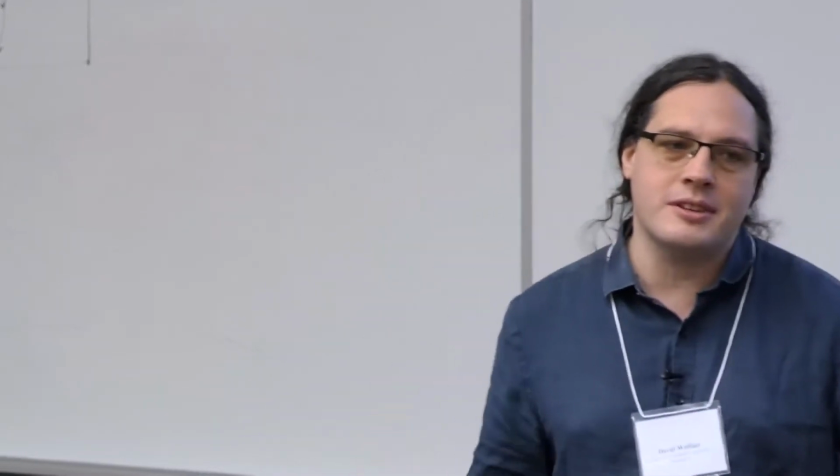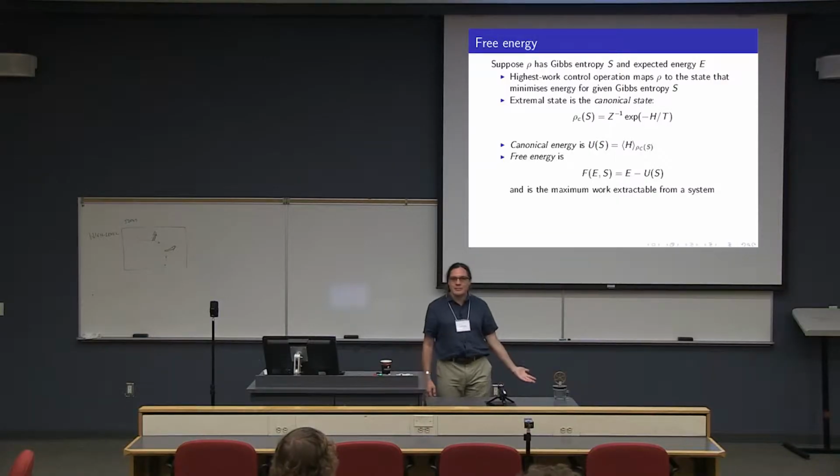There's no presumption that the actual dynamics of the system in any way spontaneously drives it to this equilibrium state or to something that's appropriately related to it. All we're doing is saying that this is the minimum energy state available for that entropy.